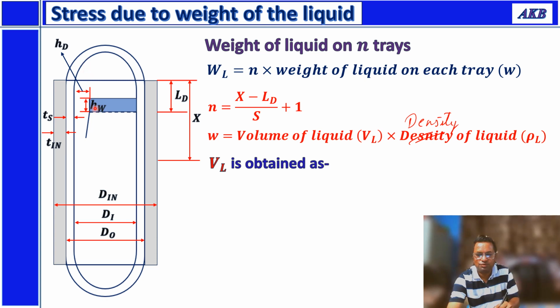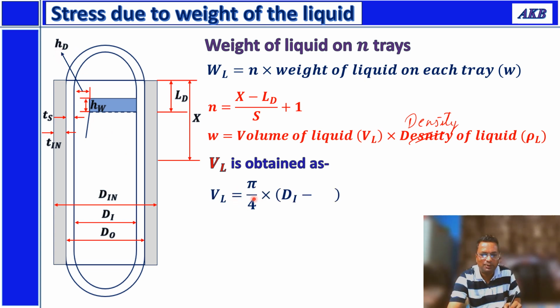Liquid on the tray will be lying on the tray in this region. That means it will be covering a distance of internal diameter minus this space. This distance will be the internal diameter minus this distance.